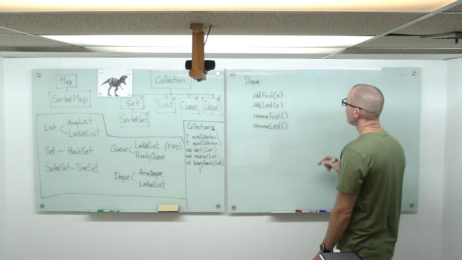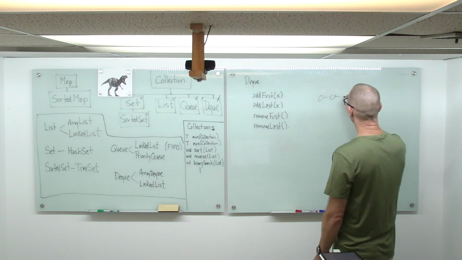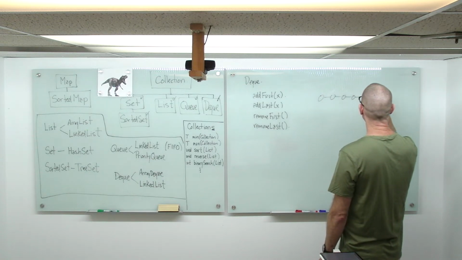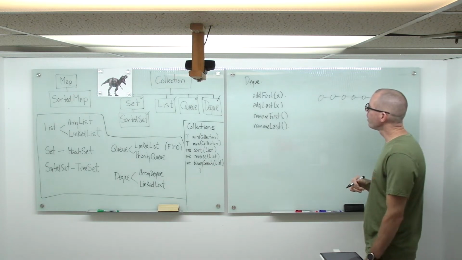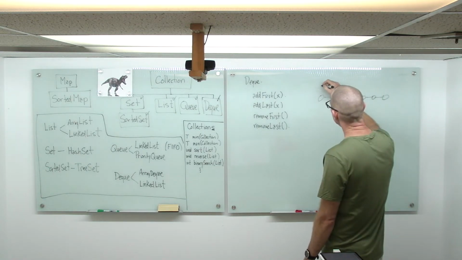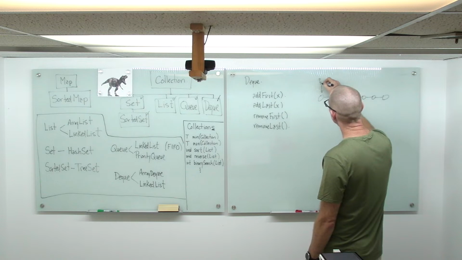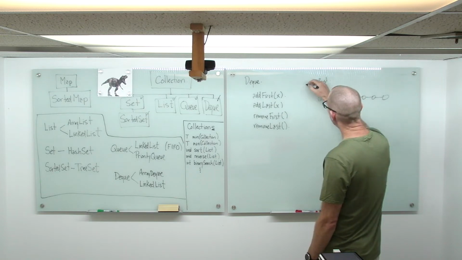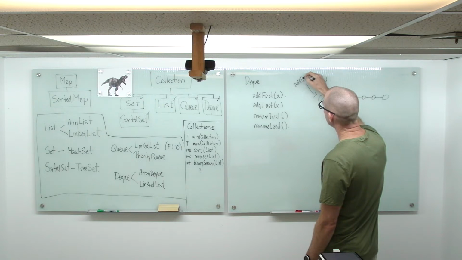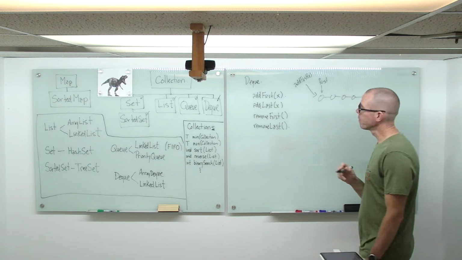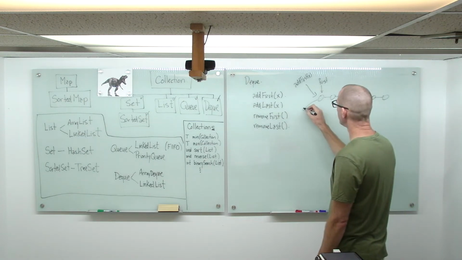And really the way to think about those is, they imagine there's a list hiding inside of them, and there's a first element of the list, and if you add first, then the thing that you add goes before that. If you remove first, well, the first thing is the one that you remove.